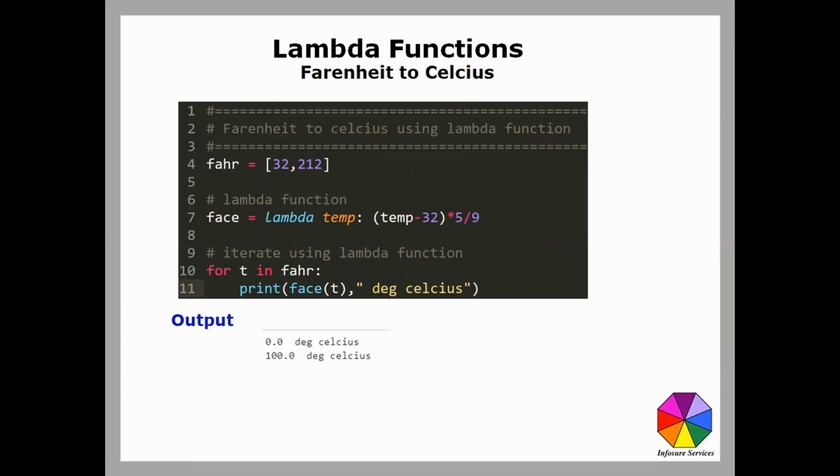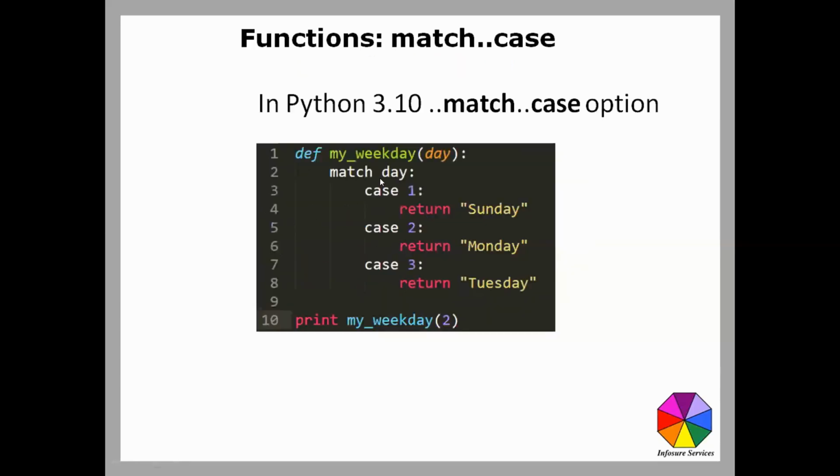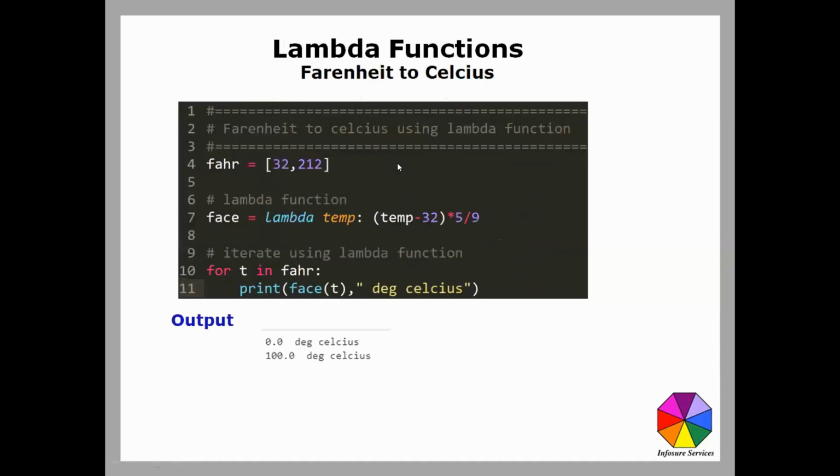That had the def keyword, where we explicitly created the function with the name of the function, like in this case, def and the name of the function, my weekday. So in Python, you have some advanced functions like the lambda function.